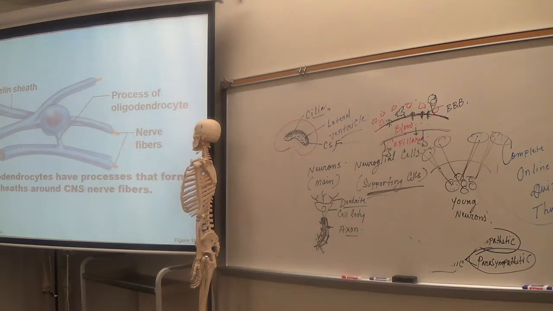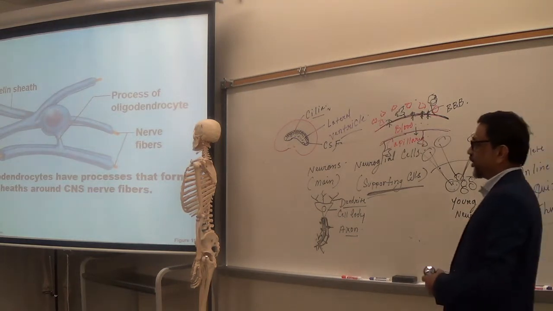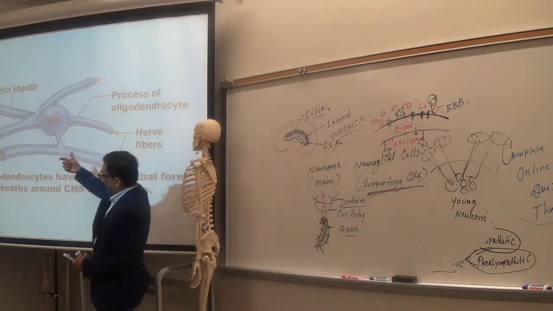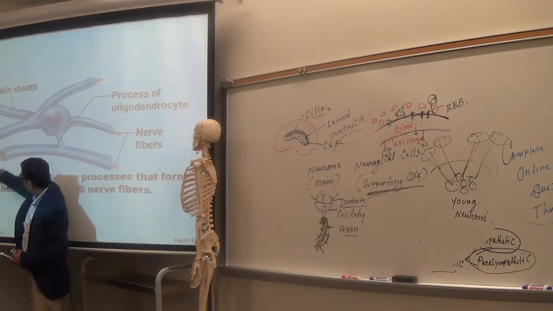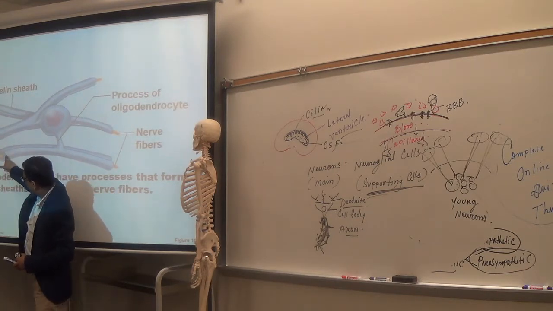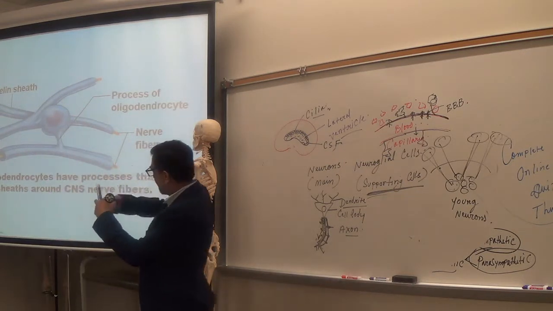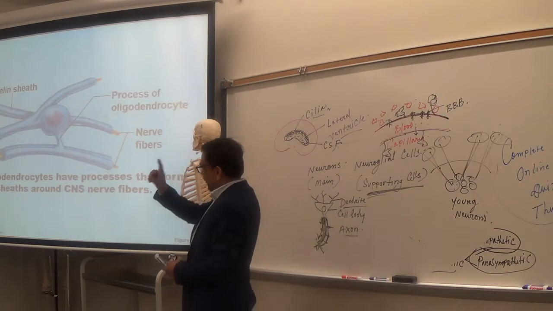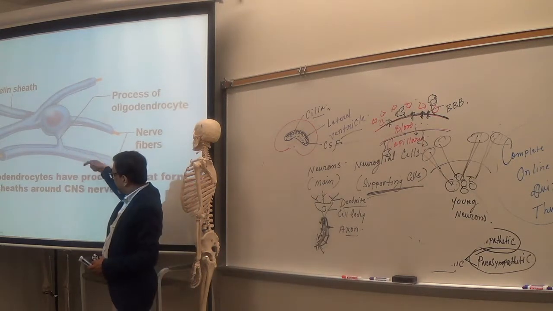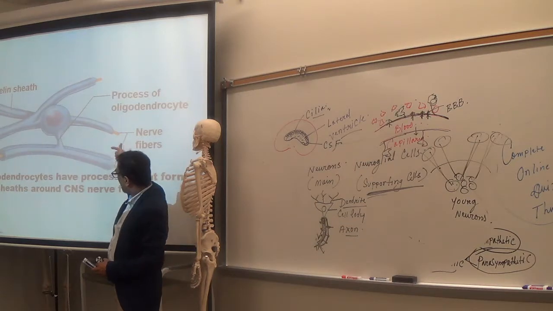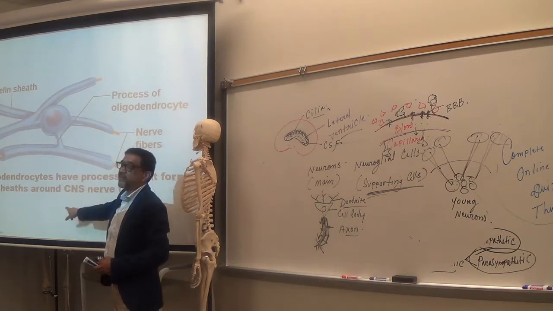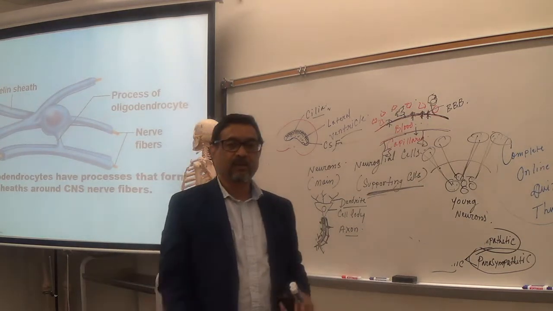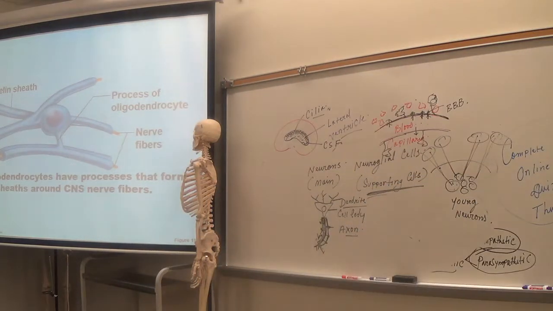So you see oligodendrocyte forms myelin sheath, and that wraps the nerve fiber by forming many layers. So heavily insulated. Okay. Now, remember this is important, I may ask: oligodendrocytes form myelin sheath or insulation around the nerve fibers where? In the central nervous system. Not in the peripheral nervous system, in the central nervous system. That means in the brain and the spinal cord.